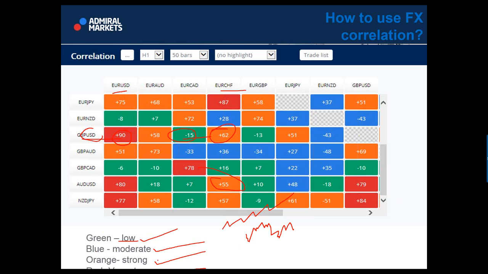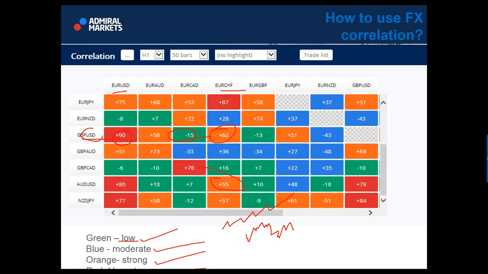This is moderate correlation, blue quadrant. So if you see moderate correlation, that means that those currency pairs can move in the same or the opposite direction most of the time. In the next 15 minutes they can go in the same direction, but then in the next 30 minutes they can change direction just to be followed by the same direction again.